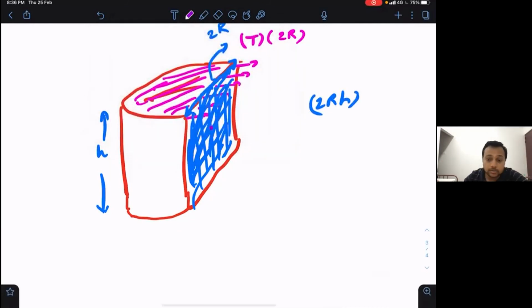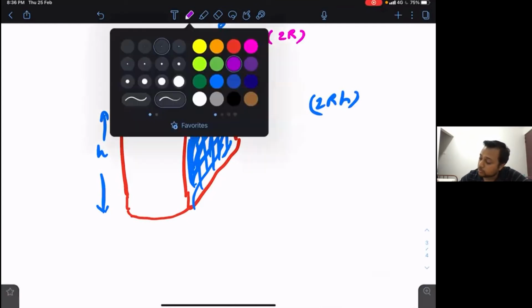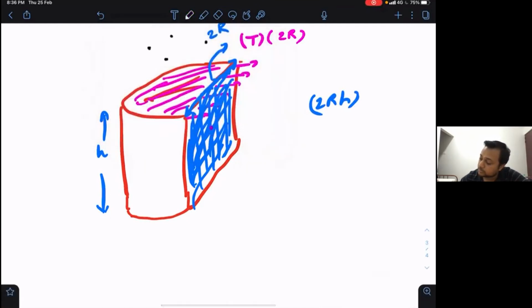Now, what is the pressure at the center? Because for any vertical part of the liquid, the pressure force can be calculated as the pressure at the center of mass of the liquid multiplied by the total area. So, if on top of this liquid there is an atmosphere present, the pressure here is P naught. If we go a distance of h by 2 down, where is the center?